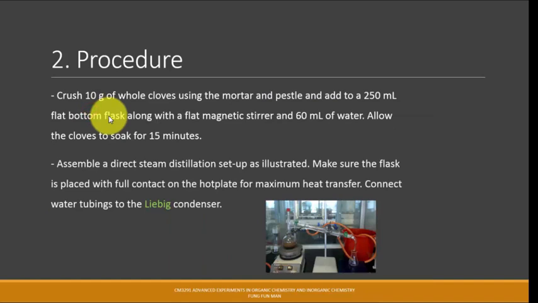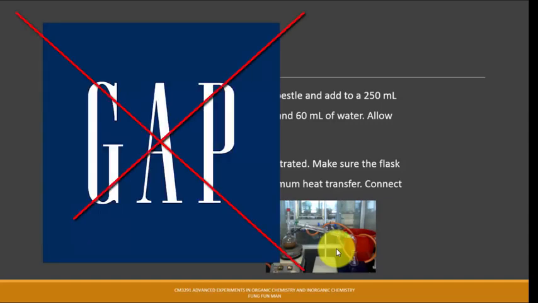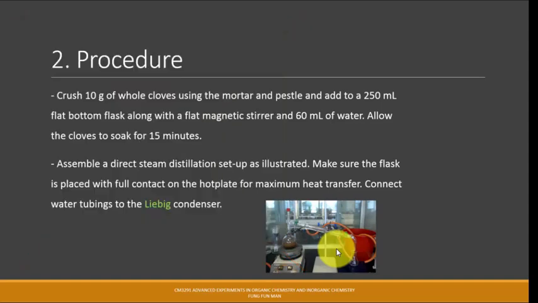Then we assemble a direct steam distillation setup as shown in this picture here. Now you're going to make sure that the flask is placed in full contact, flat bottom flask, right? So it's really flat, no gap between the heating mantle and the flask. Do not just secure tightly the boss head of the retort stand and think it's ready.